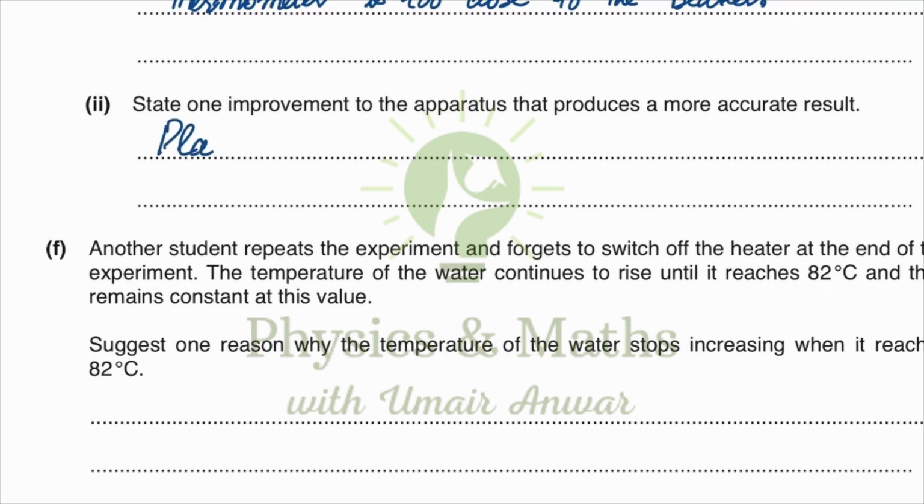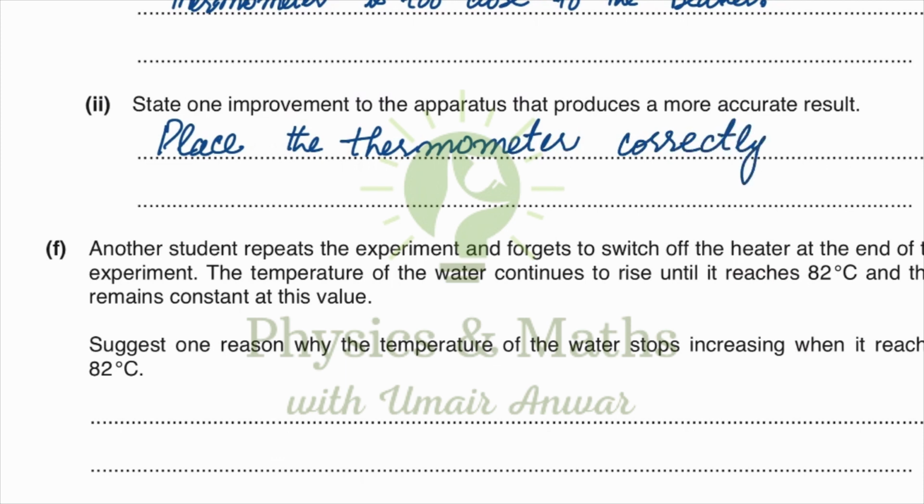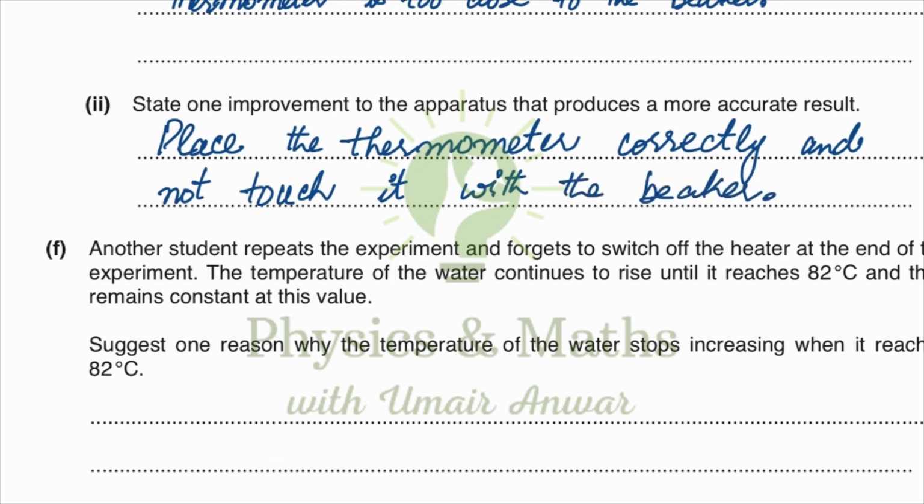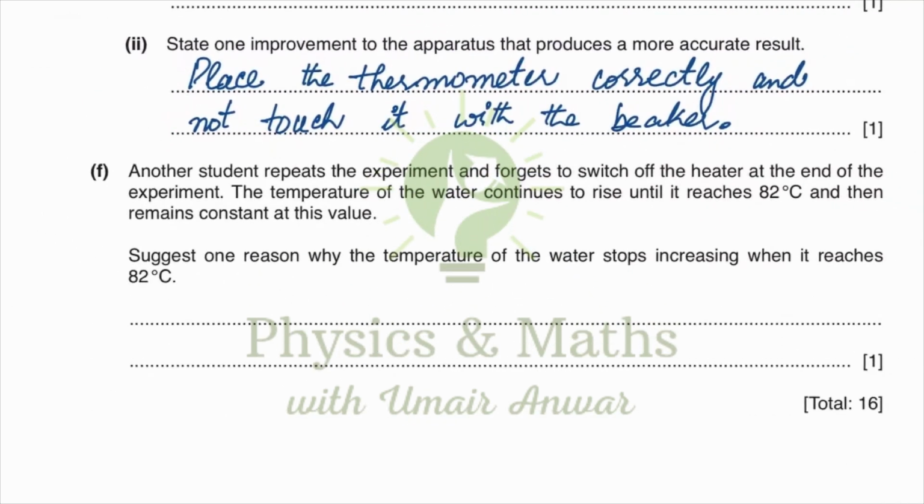So that, if related to the thermometer, could be place the thermometer correctly and not touch it with the beaker. So it should not be too close to the beaker. That would improve the results.